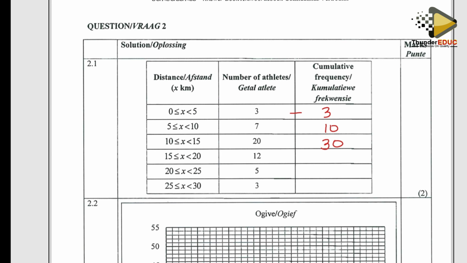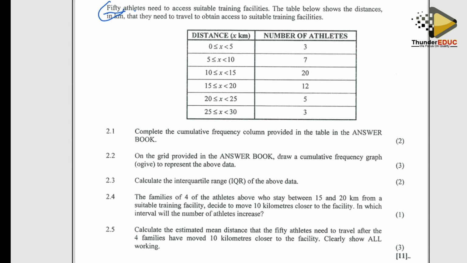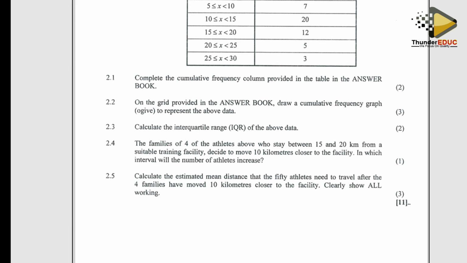Then 12 plus 30, that's a 42. Then 42 plus 5, it's going to be 47. 47 plus 3, that becomes a 50. Remember, our last cumulative here must match the total that we were told of the 50 learners, or 50 athletes.